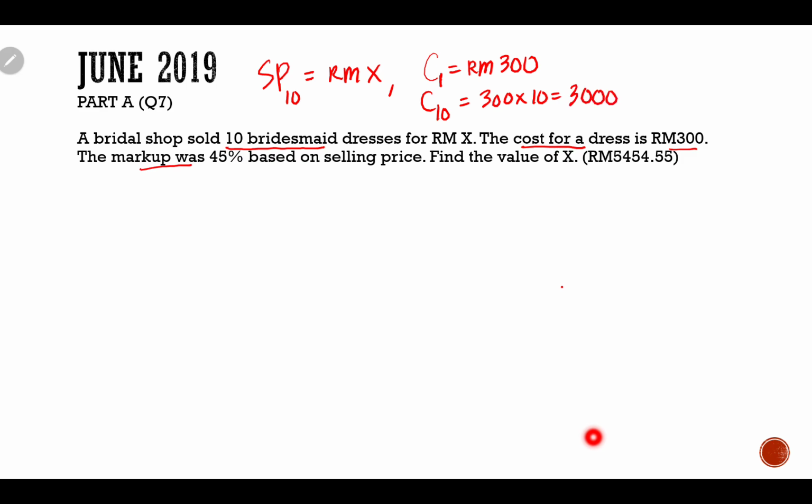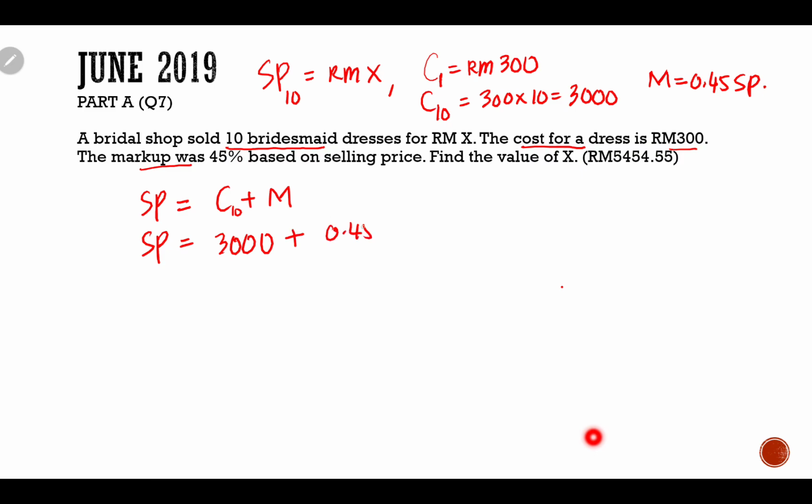We also have the markup, M equals 0.45 based on selling price. To find the value of X, write the formula: SP equals cost plus markup. We don't know the selling price, so SP equals the cost for 10 dresses, 3,000, plus the markup value, 0.45 of the selling price.